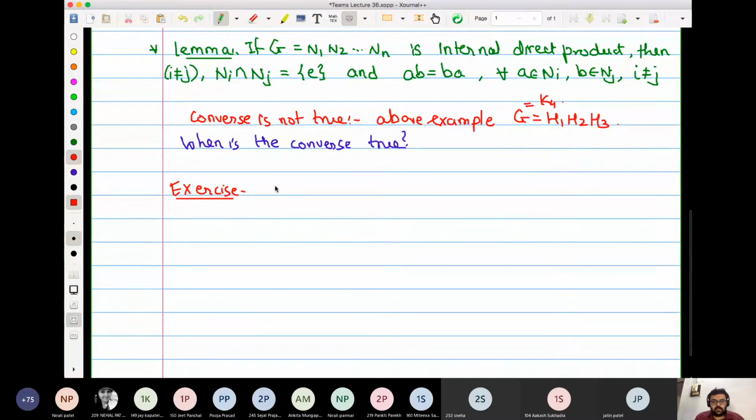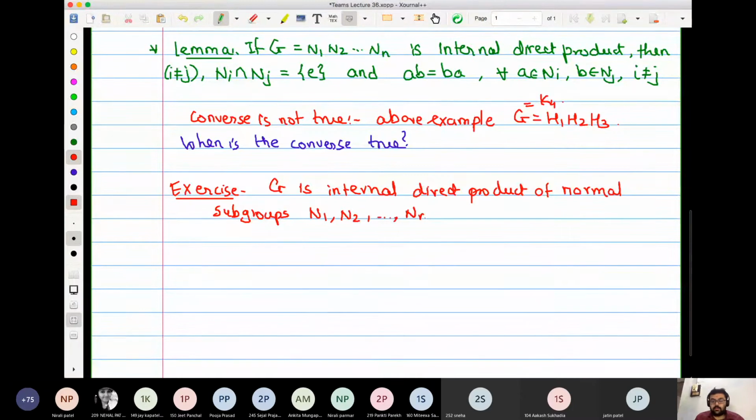The exercise is: G is an internal direct product of normal subgroups N1, N2, and Nn if and only if... here the converse is also true in this case. So this is an if and only if condition.